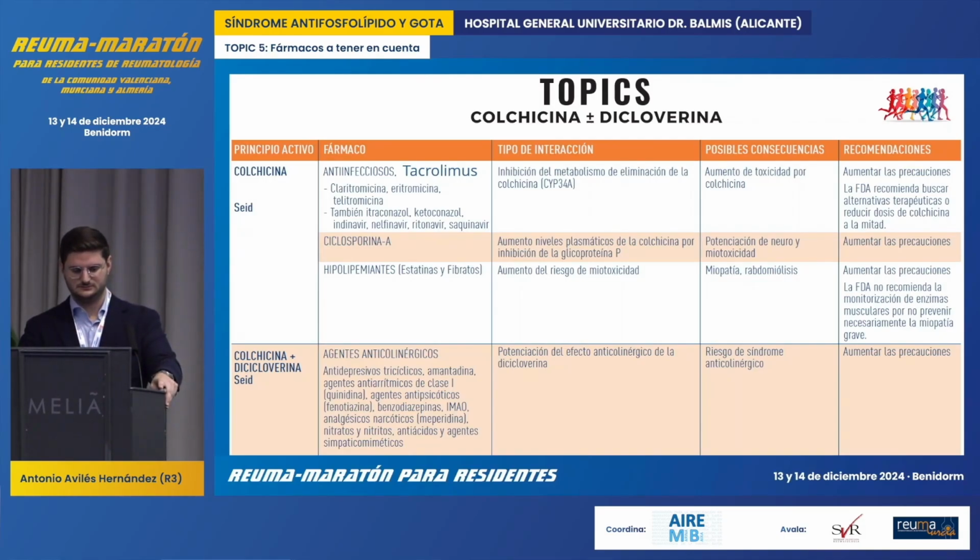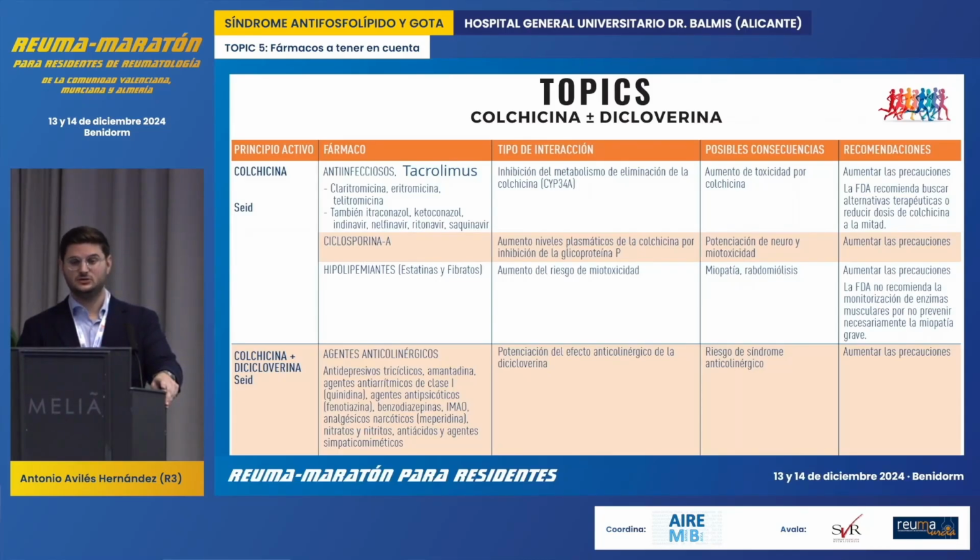Regarding the combination of colchicine with lipid-lowering agents, it should be noted that there is an increased risk of myotoxicity, which means that both myopathy and rhabdomyolysis may occur, and we must once again take extra precautions with this type of patient.